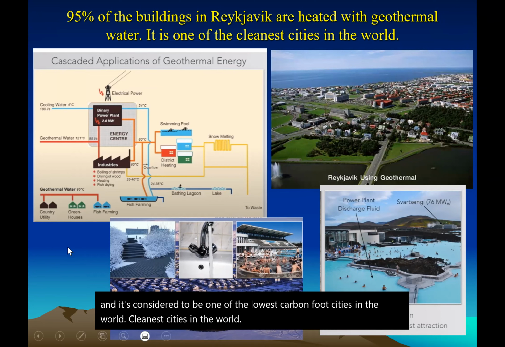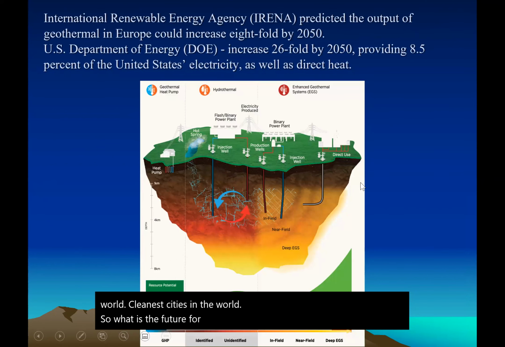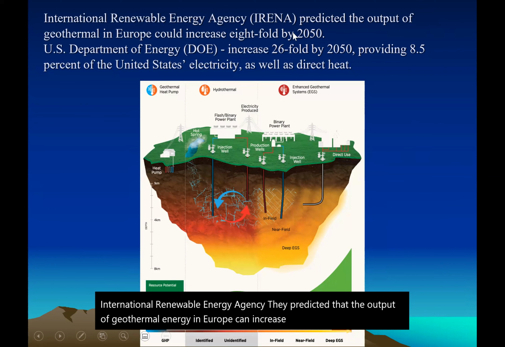So what is the future for geothermal? So here's a statement from the International Renewable Energy Agency. They predicted that the output of geothermal energy in Europe can increase eightfold by 2050. Because of the technologies, a good site does not have to be in a fault area.